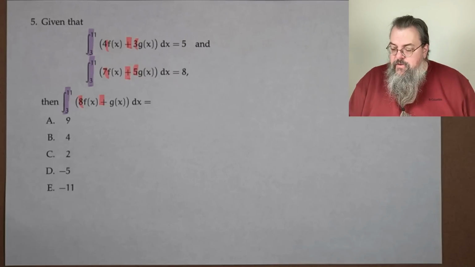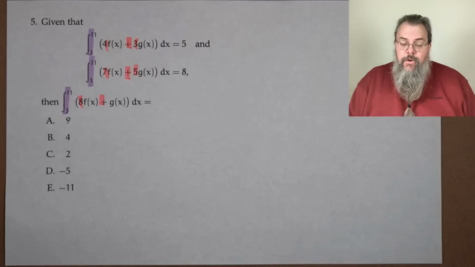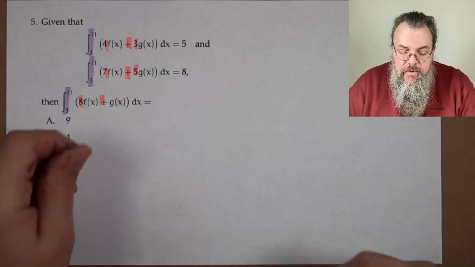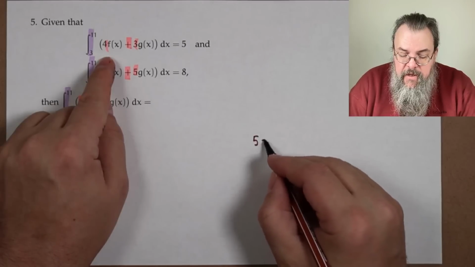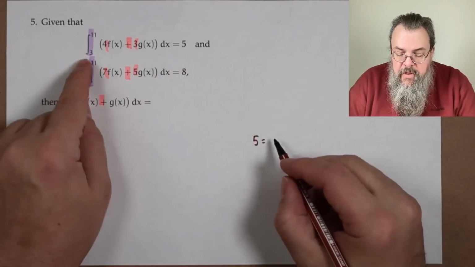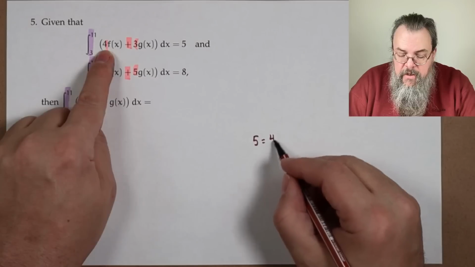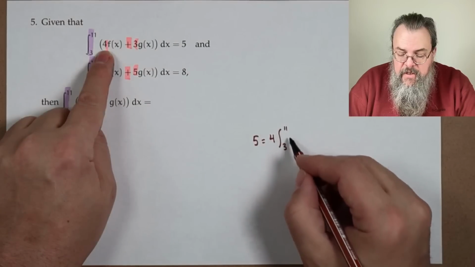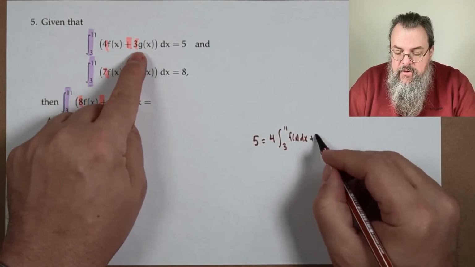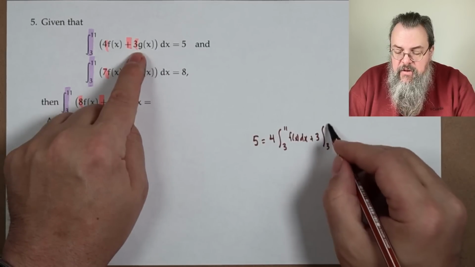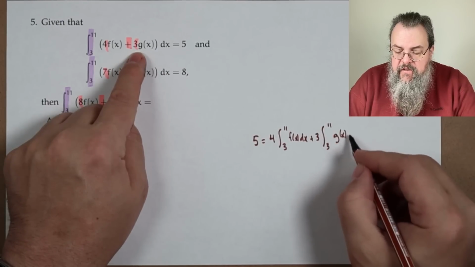All right, so let's rewrite what we have. This first expression, we can say, is really 5, and it's equal to 4 integral 3 to 11 of f of x dx plus 3 integral 3 to 11 of g of x dx.